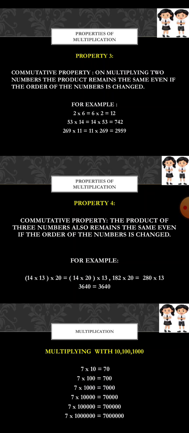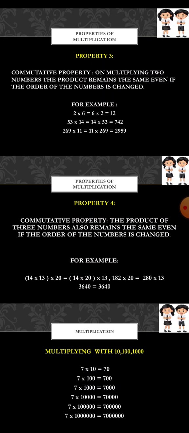Second example, 53 into 14 is 742, and when you change their positions, when you shift the number 14 to first place and 53 to second place, the result is the same, that is 742. Let's move to the third example, 269 multiplied by 11. Here 269 is written at first position and 11 is at second position. So 269 when multiplied with 11, the result is 2959.